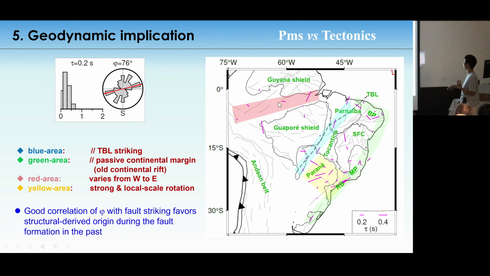But in the center of the Amazon basin here, and the other one here in the middle of the platform, it is almost east-west. This direction is parallel to the mantle SKS direction, I think.